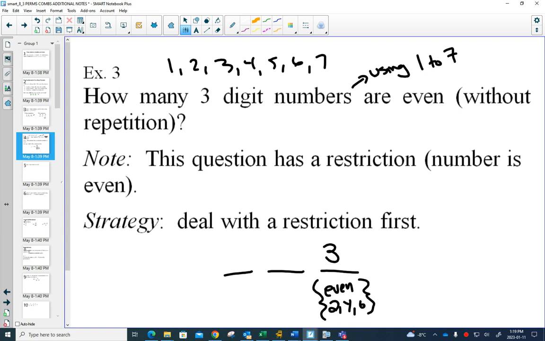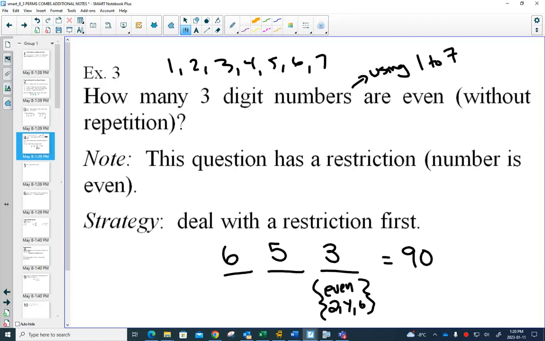And now, since either the 2, the 4, or the 6 is gone, how many choices do I have for my first one? 6. And then 5. Giving me 90 ways in total that if I use the digits 1 to 7, and I want to make a 3-digit number that's even, this is the possibility.